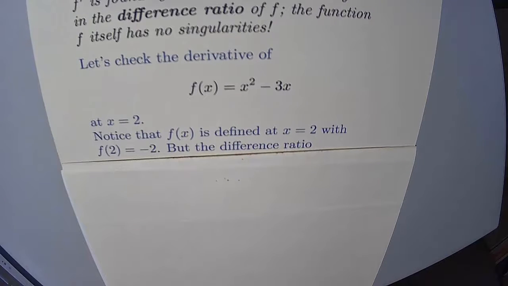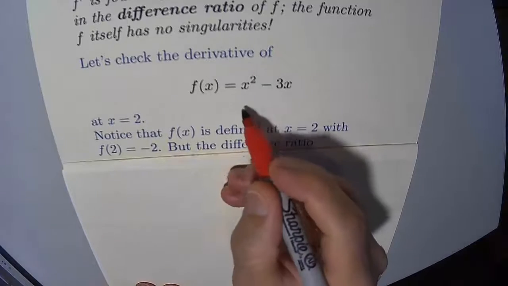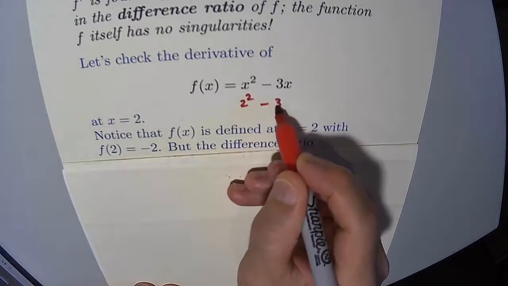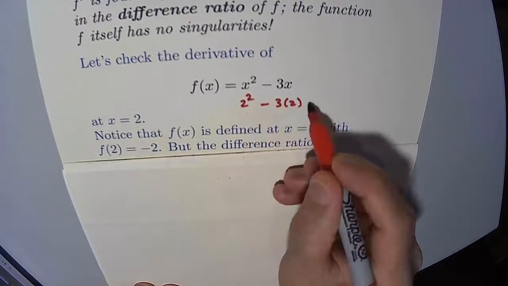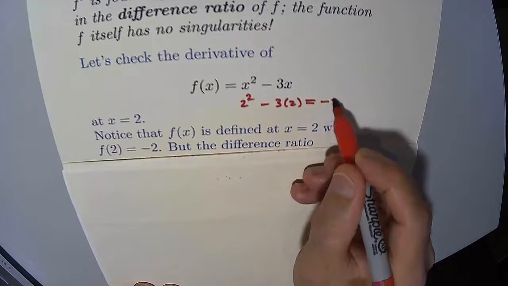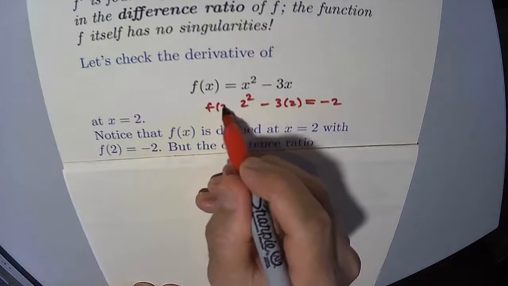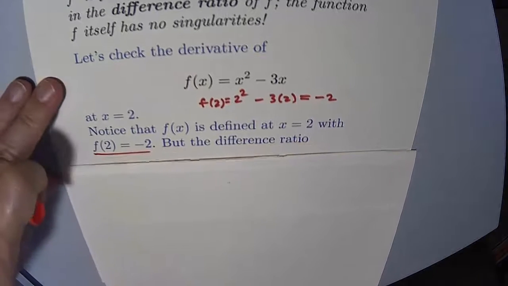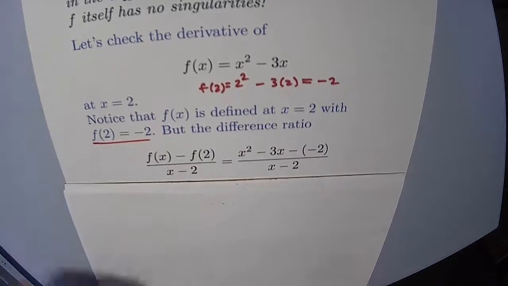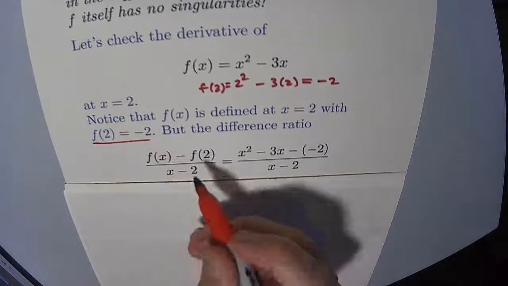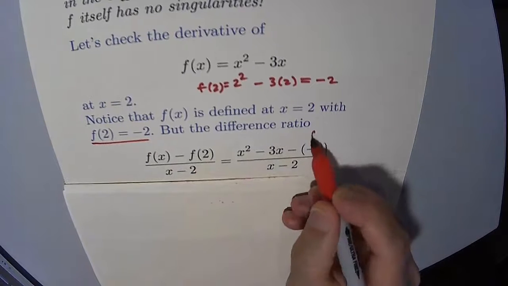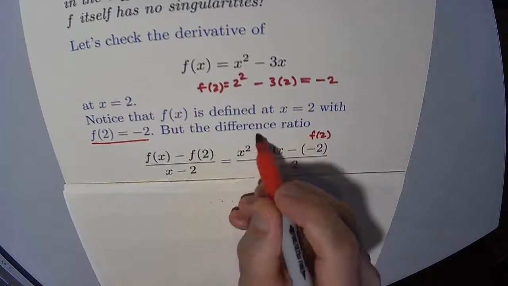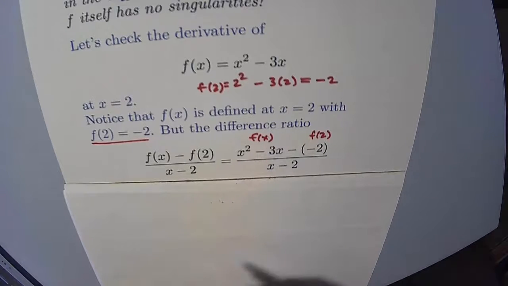F of 2, we put 2 in here and calculate minus 2. That's f of 2. So that's this quantity here. Alright, what about the difference ratio? The difference ratio is f of 2 here and f of x here. We get something like this.